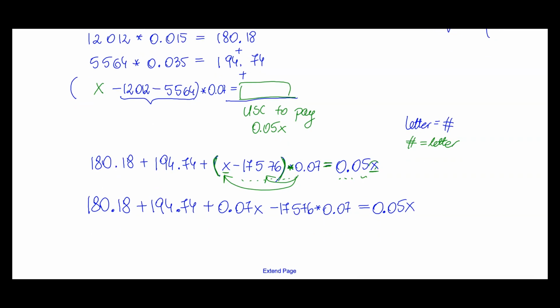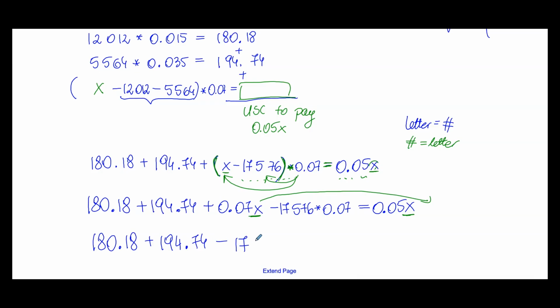Okay, so what's the next thing we have to do? Where are we going? X is on one side, numbers on the other. Where is our x? That's where the x is, and that's where the x is. So I want them to be on the same side. So this x has to move and join the other x. So the rest of the numbers, like I'm saying, either I add them up in my calculator or not, depending on you.